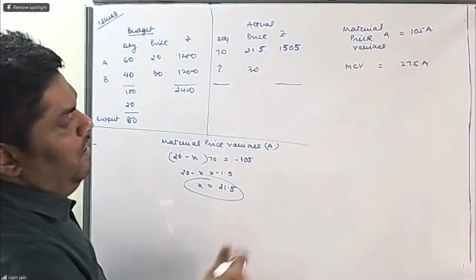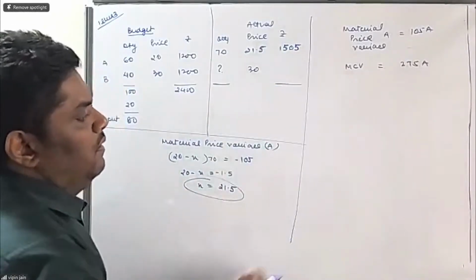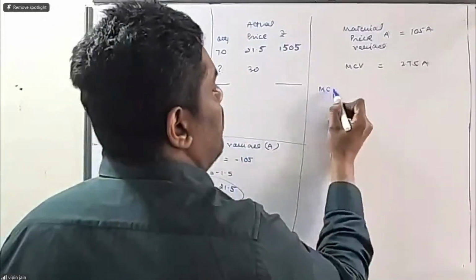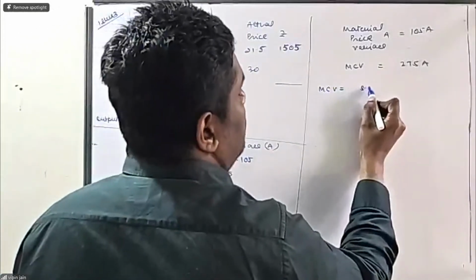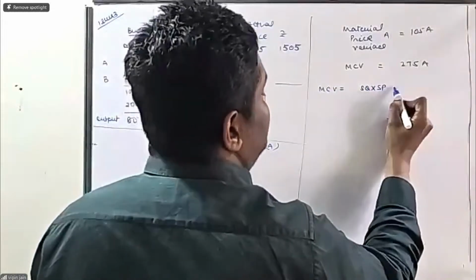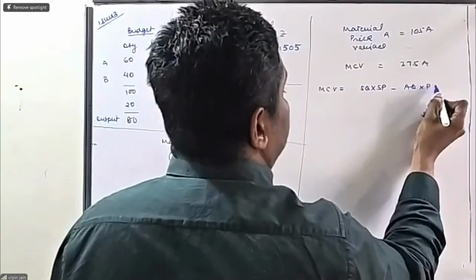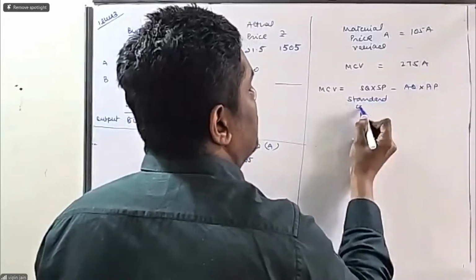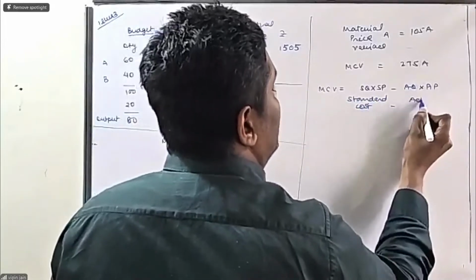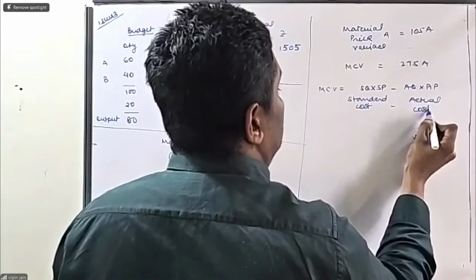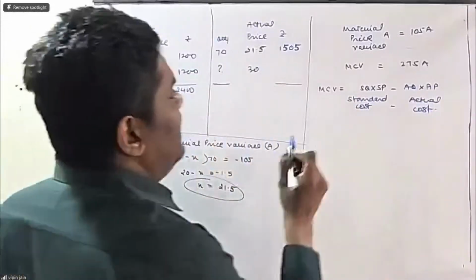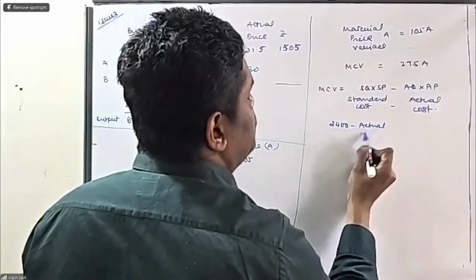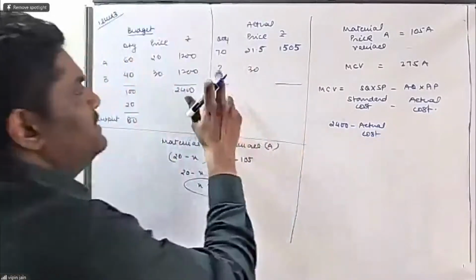Now see, material cost variance is given. It is standard quantity into standard price minus actual quantity into actual price. Or we can say it is standard cost minus actual cost. So we have our standard cost, that is 2400, minus our actual cost. We have to calculate because this figure is missing.